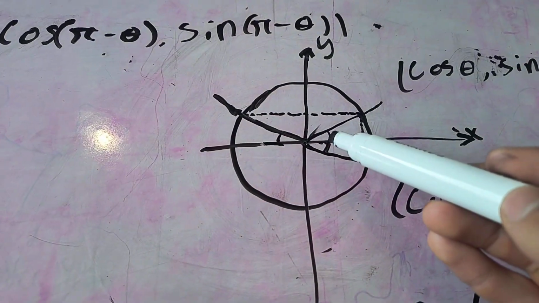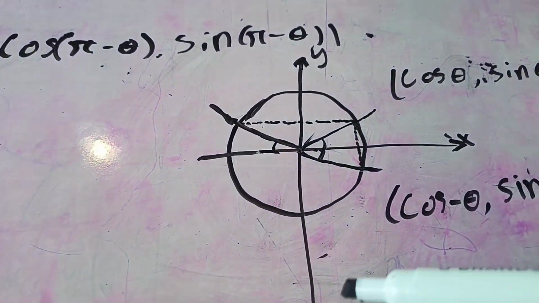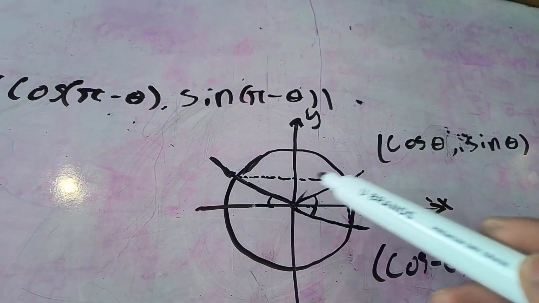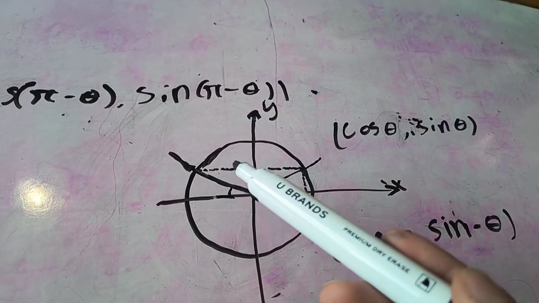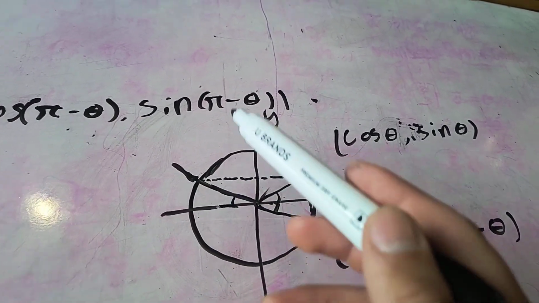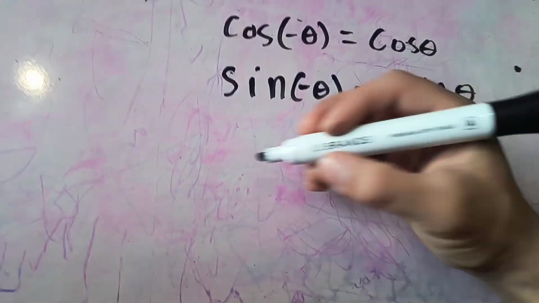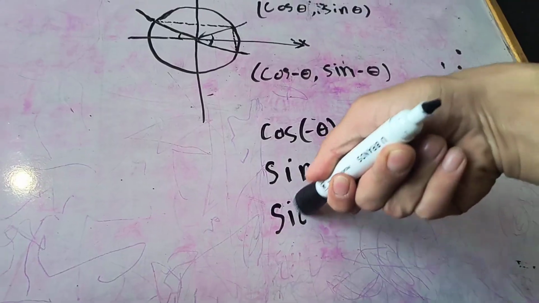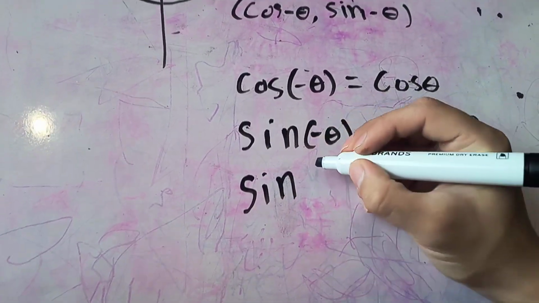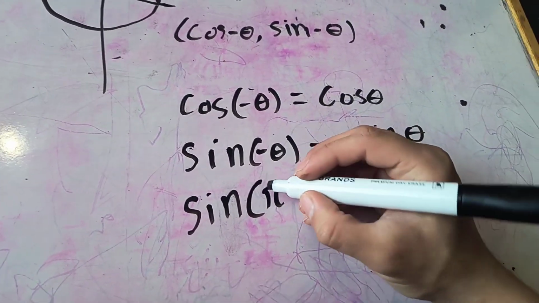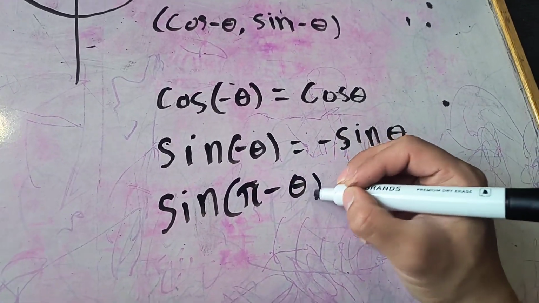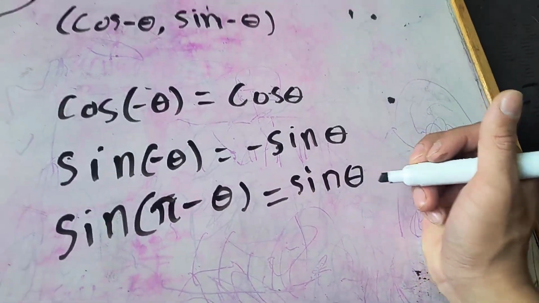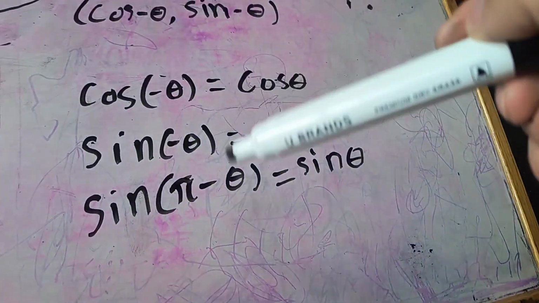That's what the angle between here and here is. Now, if you notice something, the y has stayed the same because it's a mirror image. So the sine of both of these has stayed the same, which means the sine of pi minus theta is equal to sine of theta. Huh, interesting.